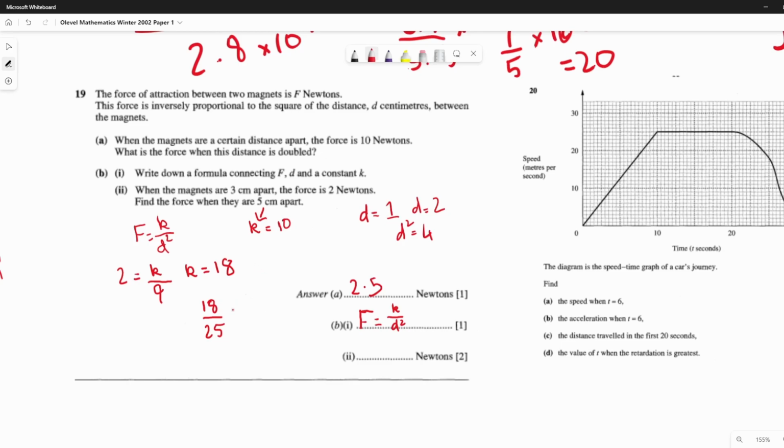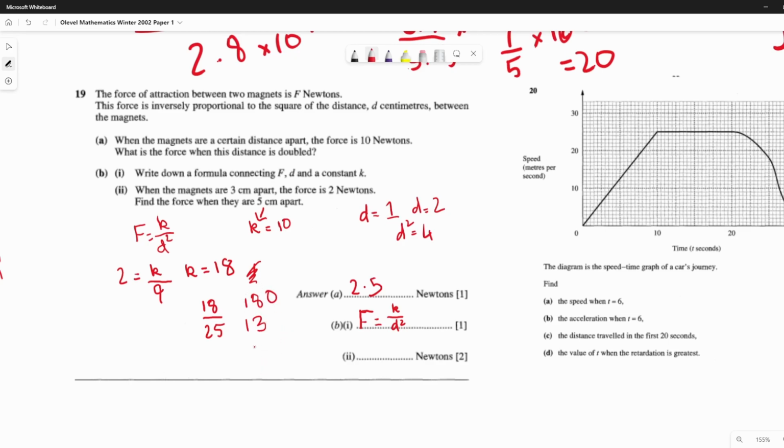And I think what we can do is divide 180 by 25 and then divide that by 10 again. So 180 by 25: 25 fours are 100, 25 sixes are 150, 25 sevens are 175, and then it would just leave a 5.